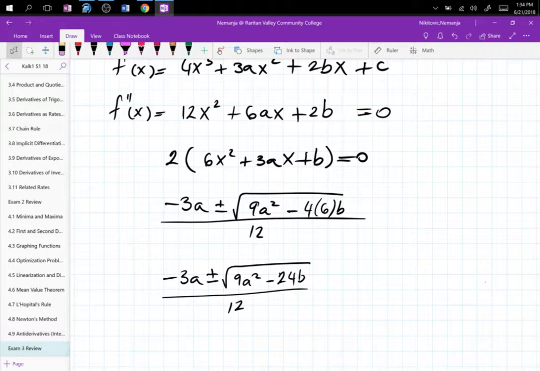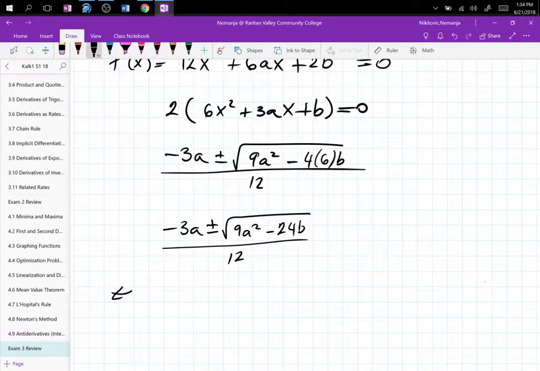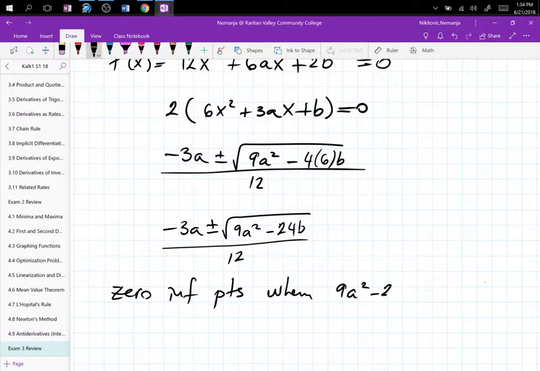So when do we have 0 inflection points? 0 inflection points when 9a squared minus 24b is less than 0. Because in that case, the whole thing becomes a complex number, and that's not a value that you can have for an inflection point.